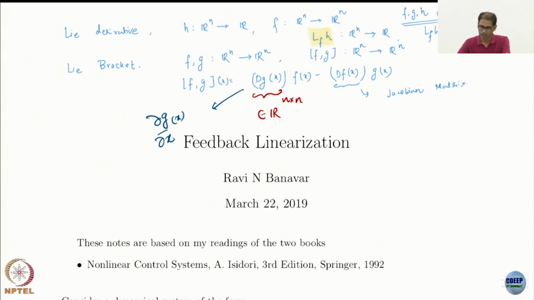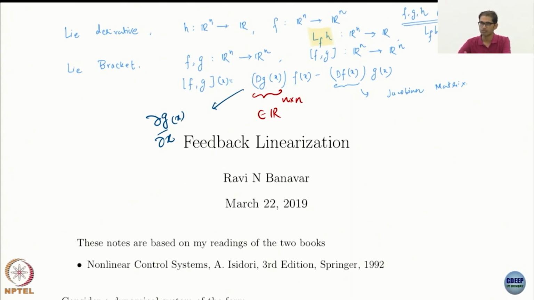Why have I used capital D instead of writing it like this? I have tried to make a distinction here, because here h was a scalar valued function. So what is the dimension of del h del x? h is scalar valued, x is an n vector. Typically I look at it as a 1 cross n row vector.